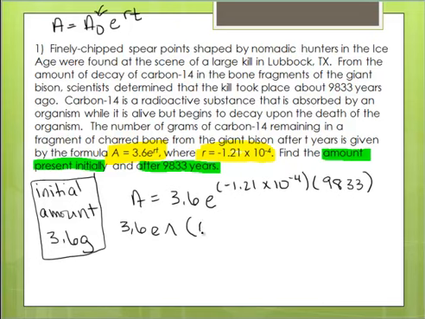If you want, you can put another parenthesis there. Negative 1.21 times 10 caret negative 4. So that's the first one. Times 9,833, and then close that one. It should look something like that.